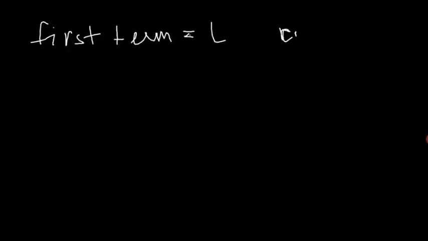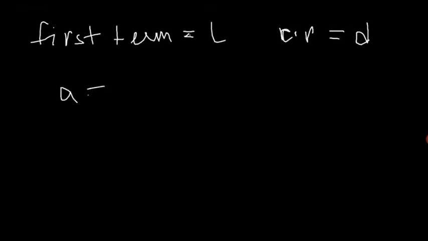How to solve this sum? Let the first term be L, and let the common ratio be d, because r is already there in the question, so never name two things the same.